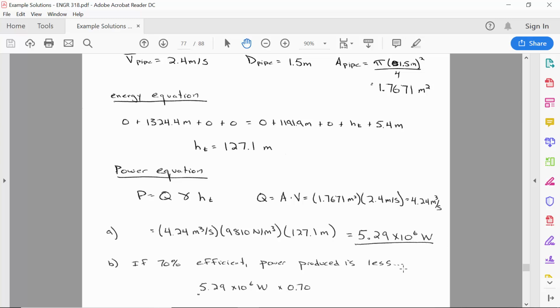This is how much head can be extracted by the turbine, 127.1 meters. And multiply all that together, we're going to get 5.29 times 10 to the 6th watts. So that's 5 megawatts. You sometimes hear those terms used for wind turbines and hydropower plants.